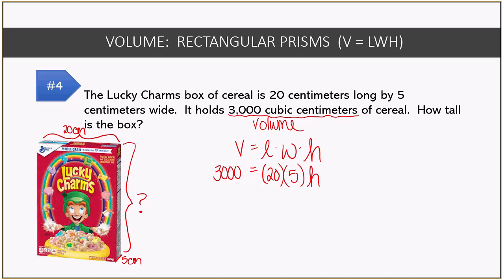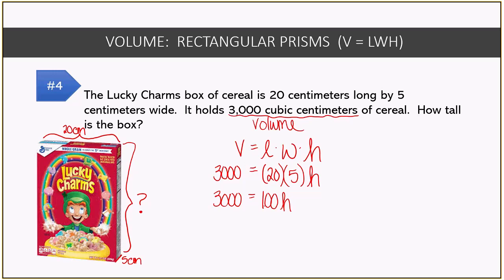When you have an equation, the first thing we always should check is that we can clean stuff up. So I'm going to keep 3,000 over here, but on the right-hand side, I can multiply 20 times 5. And 20 times 5 is 100. So I get 100 H. And now we have 3,000 equals 100 H. This is multiplication over here.